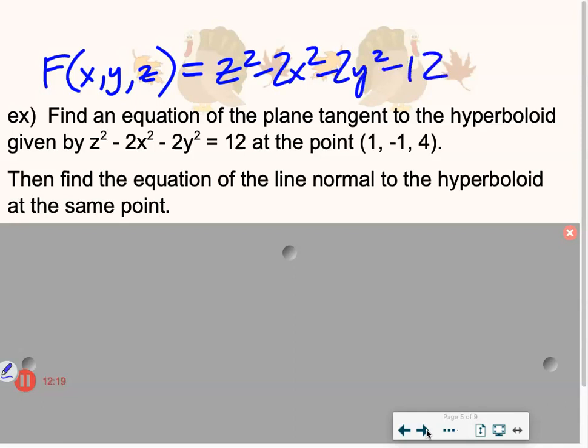The 12 is irrelevant, it's going to go to 0 no matter what. But technically you move everything to one side and you call that whole thing big F. And then what you're finding is big F sub x, then partial y, and then partial z. So find partial x, partial y, and partial z.